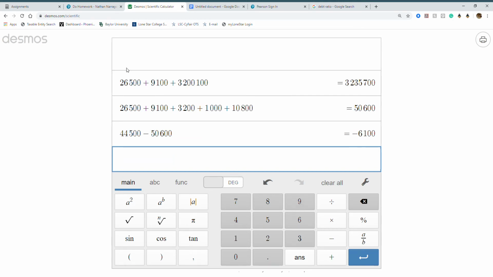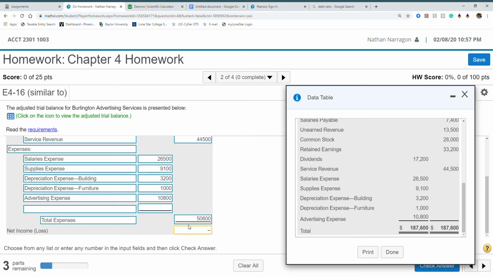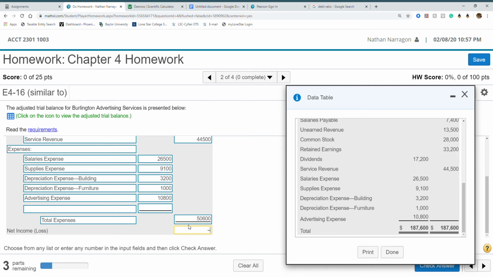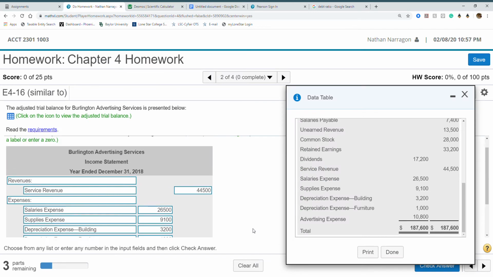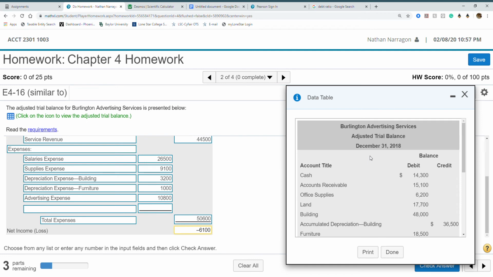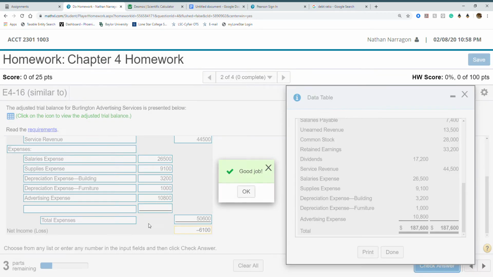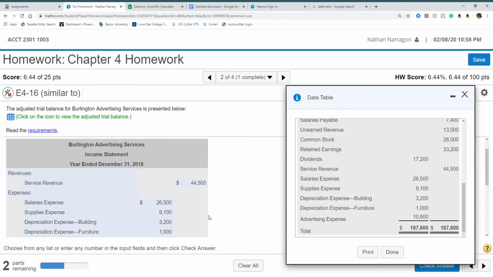We have a negative 6,100. Now I think in the instructions, just use minus sign or parentheses. And that's again all that is with the income statement. A little bit easier now with the trial balance. So check. Good job. We are good. There it is.